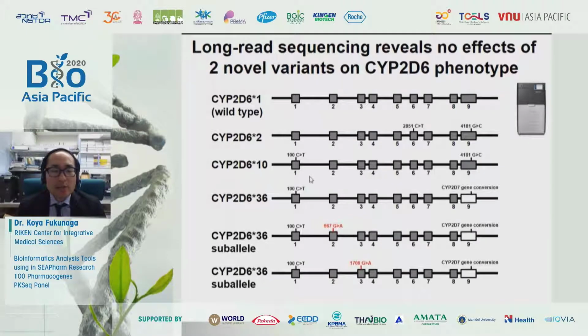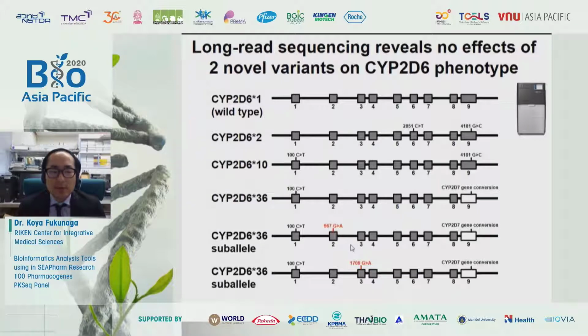Although I did not show the data in this slide, I detected 10 novel CYP2D6 haplotypes. However, CYP2D6 star 36 carried two novel CYP2D6 variants. CYP2D6 star 36 is a non-functional allele. Therefore, these variations have no effect on CYP2D6 enzyme activity.